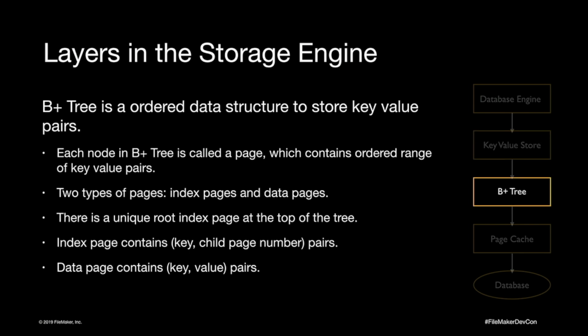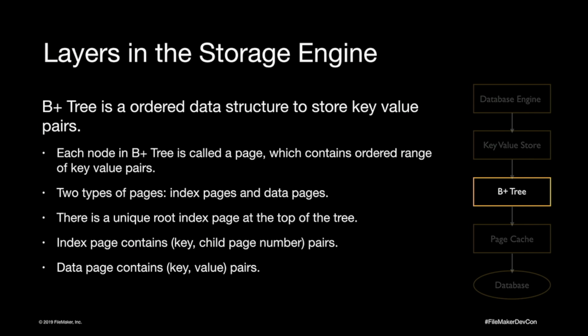Of course, this whole key value store is just a logical abstraction, but it has to be implemented by some real data structure. So we use one of the most popular on-disk key value stores, known as the B+tree. A very brief introduction: all the data is organized as nodes, or what we call pages. There are basically 2 types of pages in the B+tree.